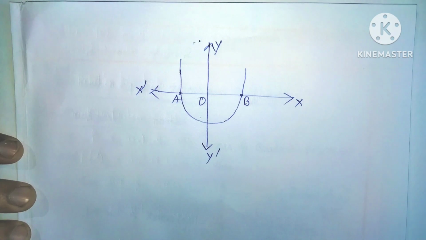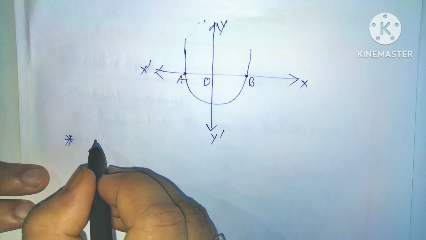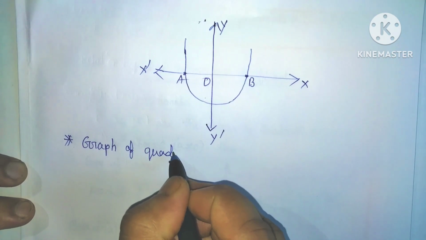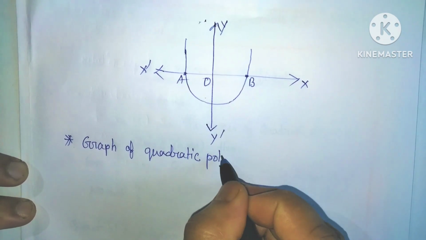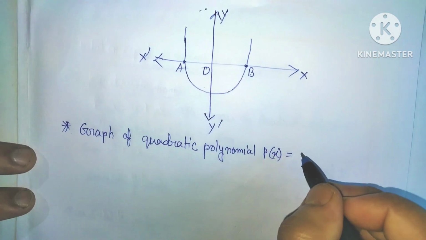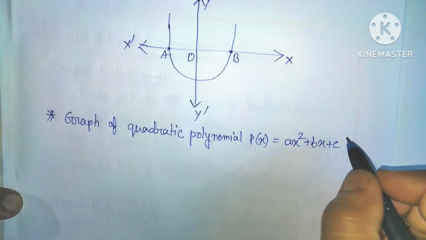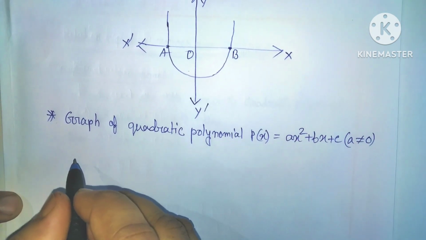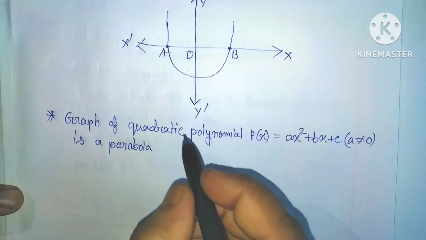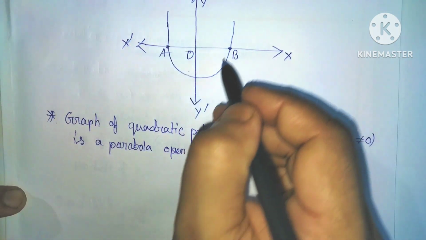Okay, next, the graph of a quadratic polynomial p of x equal to ax square plus bx plus c, where a not equal to 0, is a parabola. If a greater than 0, it opens upwards.